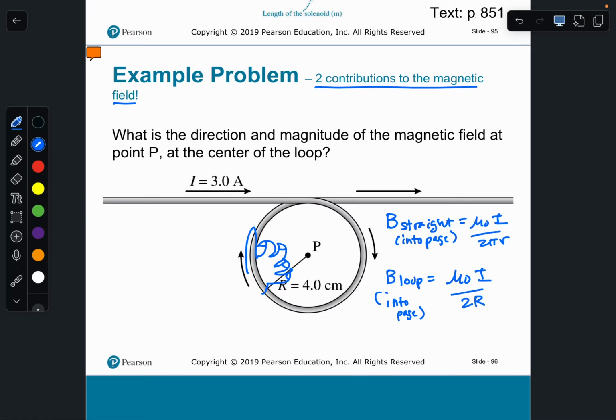So now I can figure out what those magnitudes are. I'll write it over here. The magnitude is mu naught I, so 4 pi times 10 to the minus 7, and then the current is 3, and then 2 pi, and then how far away am I from the straight wire? I'm a distance r away, which is 4 centimeters.